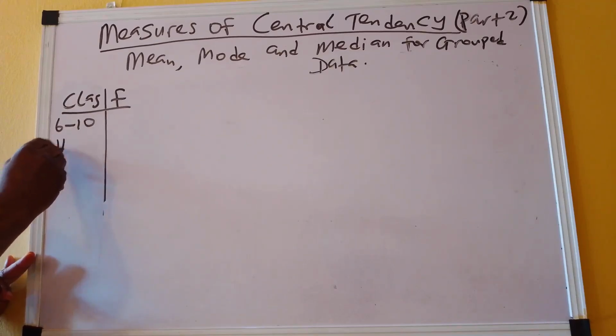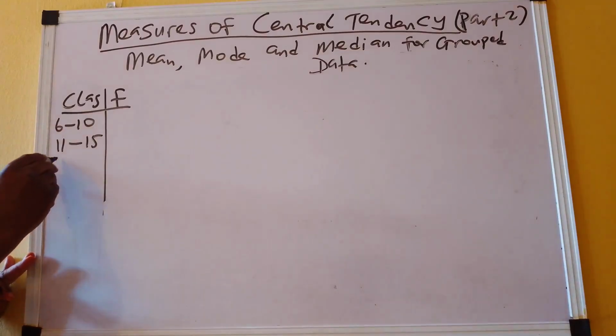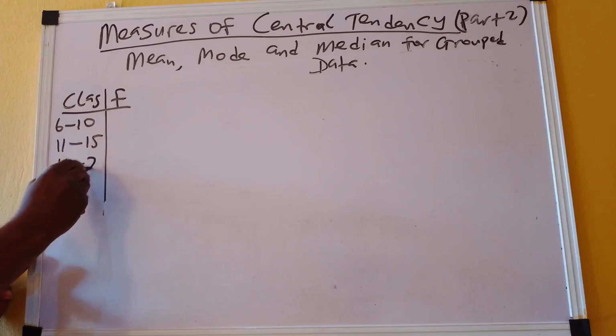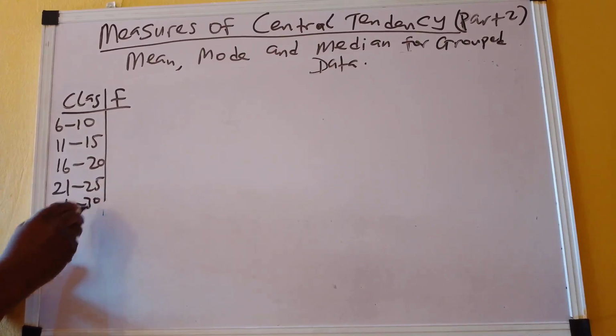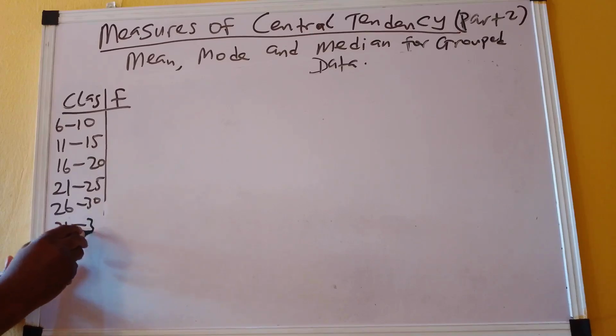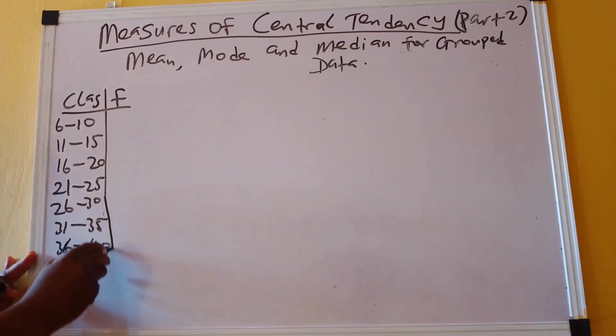The next one is 11 to 15. The next one is 16 to 20. The next one is 21 to 25. The next one is 26 to 30. The next one is 31 to 35. And the next one is 36 to 40. There's the class.